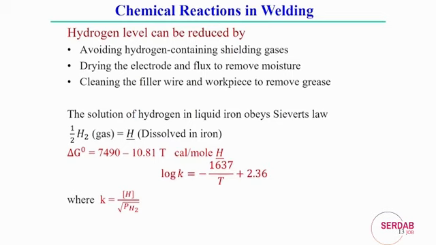And of course, cleaning the filler wire and the workpiece is also necessary to remove grease, because grease chemicals can also act as a source of hydrogen. So cleaning the workpiece surface is required. That is a safeguard to minimize the sources of hydrogen in any welding system.